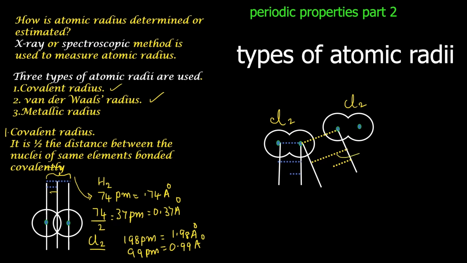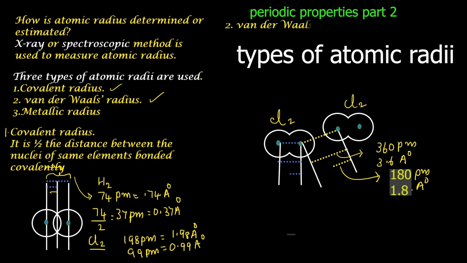In the case of chlorine, this internuclear distance of adjacent atoms of the adjacent molecule is found to be 360 picometer, which is equal to 3.6 angstrom. Then the van der Waals radius is equal to 360 divided by 2, equal to 180 picometer or 1.8 angstrom.